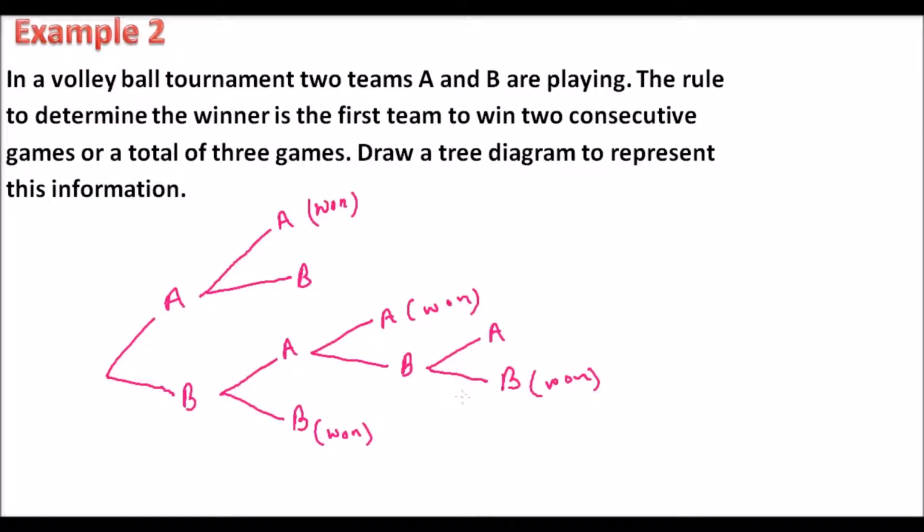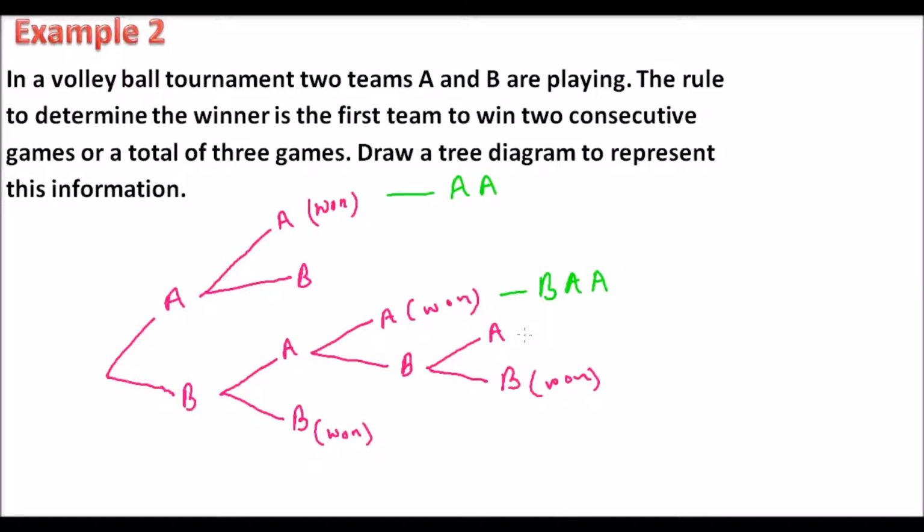So that is how you represent that information on a tree diagram. Here A has won 2 consecutive games. Here there is no win. A here has won because B won the first game, A won the second, A won the third, so they have won 2 consecutive games.